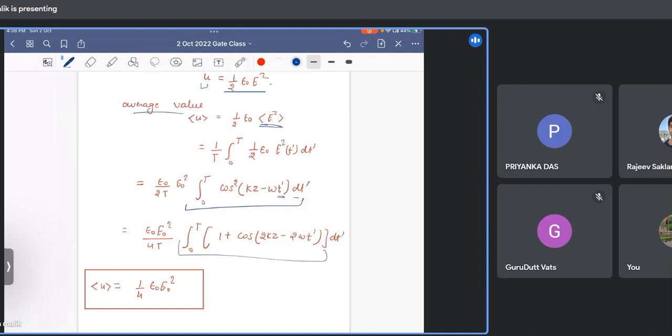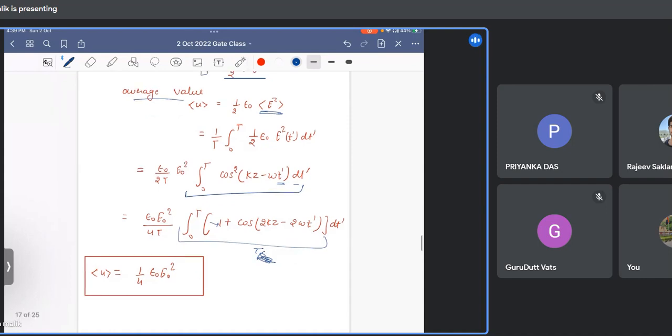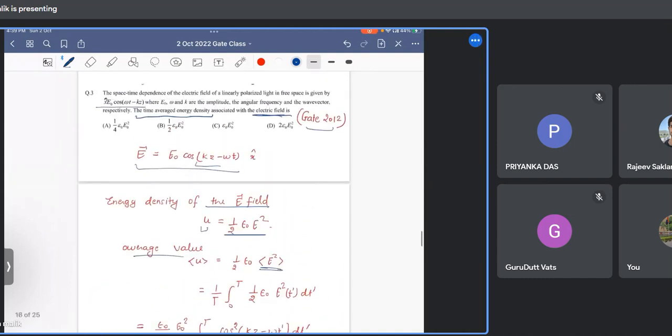This quantity will give you the answer, which is 1 by 2, coming from the identity of cosine square. So your answer for the average value of energy density for the electric field is 1 by 4 epsilon naught E naught square.